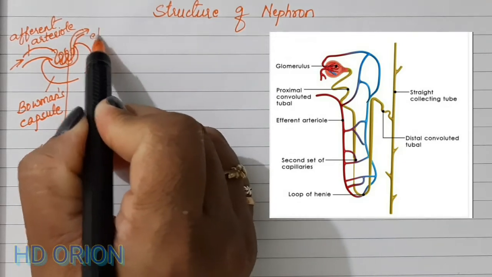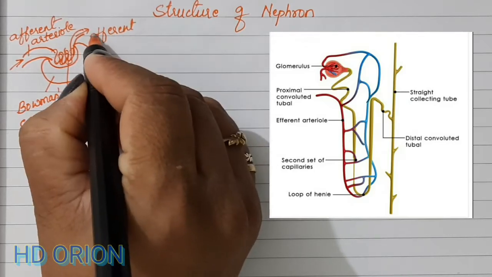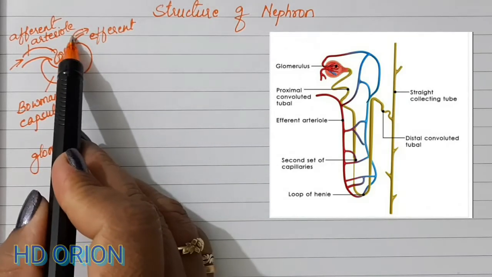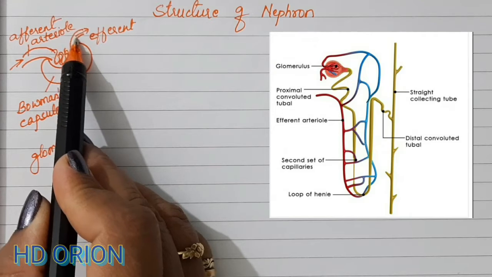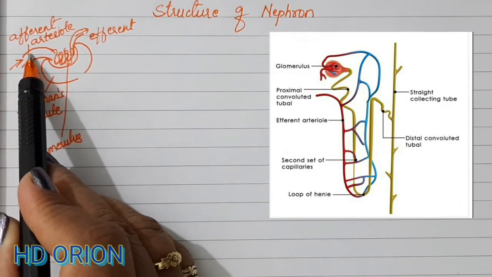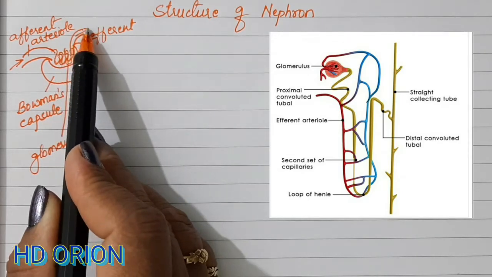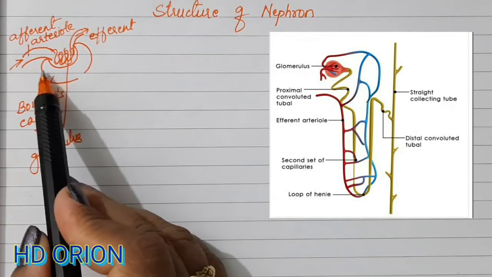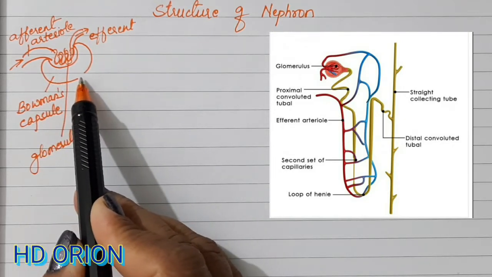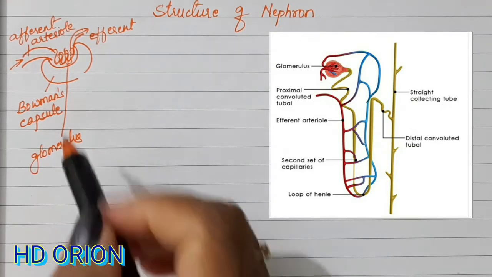This one is known as efferent. Efferent goes out, so the lumen is less, or it has lesser diameter, and this is wide. So the blood which comes in and then it moves into the capillaries and then it moves out. This structure that I have just drawn is the renal corpuscle or the Malpighian body.